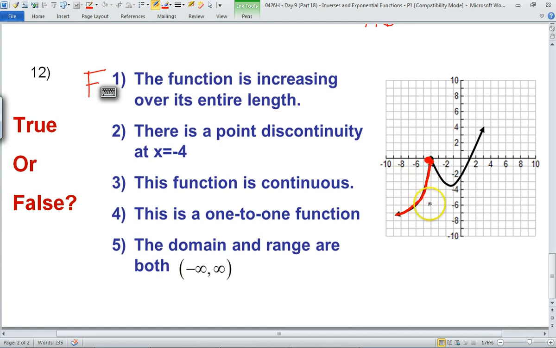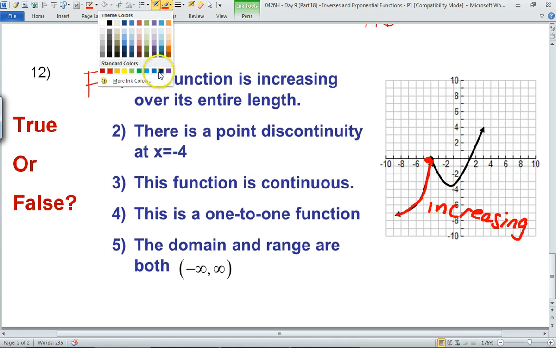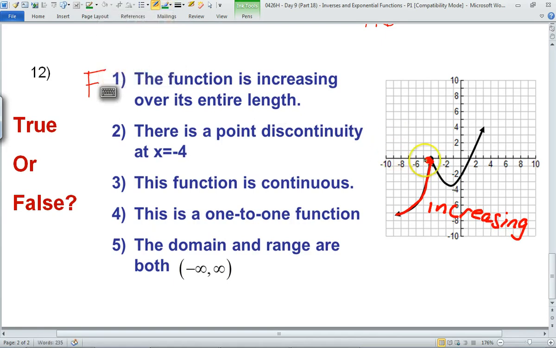So from there to there, I'm increasing. But then all of a sudden I'm going downhill. Any downhill part is decreasing. So that's why this is false.